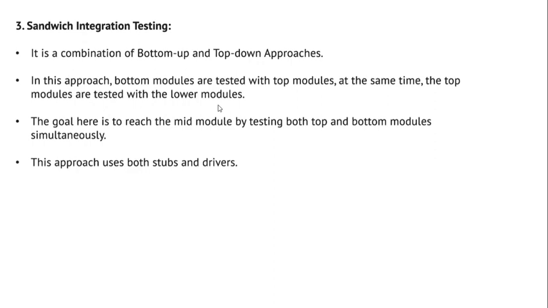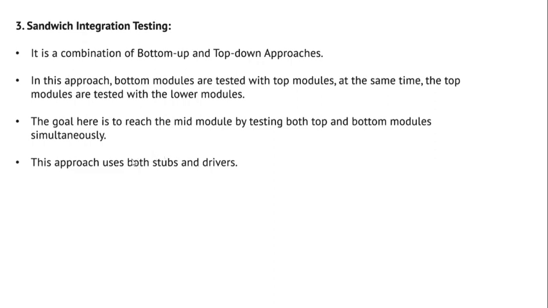It is a hybrid model basically. The goal here is to reach the mid module by testing both top and bottom modules simultaneously. Since it is a hybrid approach and uses both bottom up and top down, we use both stubs and drivers, which are dummy modules, to test the application.